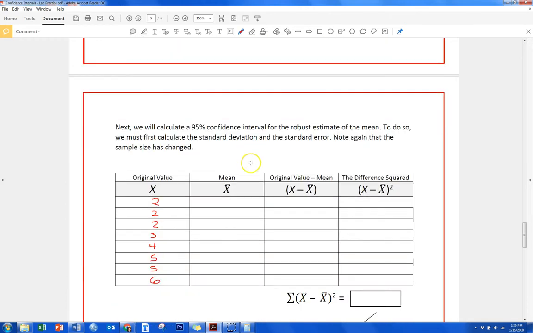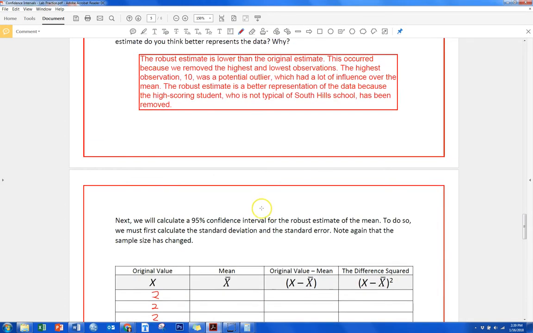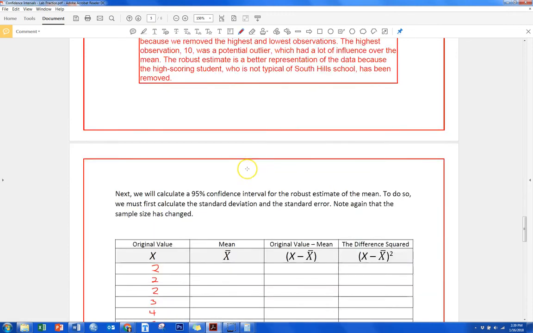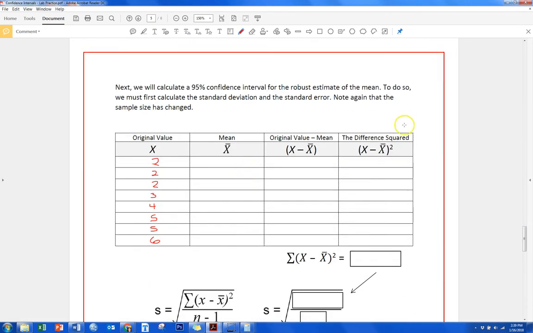Looks good. Now the mean has changed. It's no longer 4. The new mean is 3.63. So that's going to go in all of these cells. 3.63, over and over again.